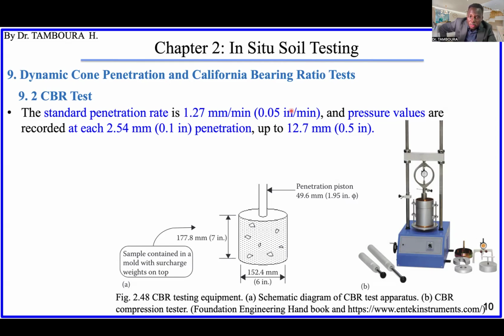And the pressure value is recorded at each 2.54 millimeter. In some books you will see 2.50, but don't worry, it's because, as I said, when you convert this to this, you will have something like this.